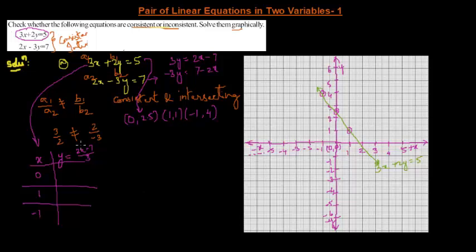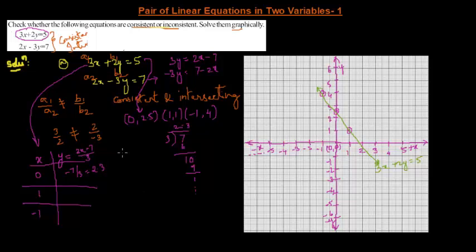So when x is equal to 0, 0 minus 7 by 3, which is equal to 2.33, a recurring decimal. So I can write 2.3.